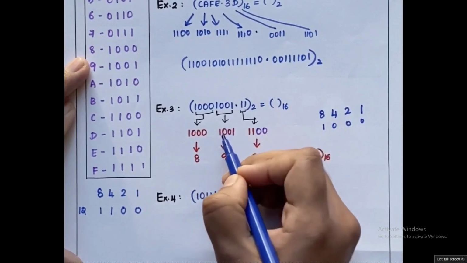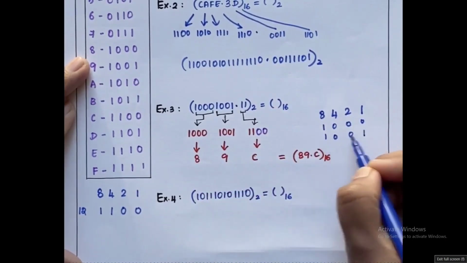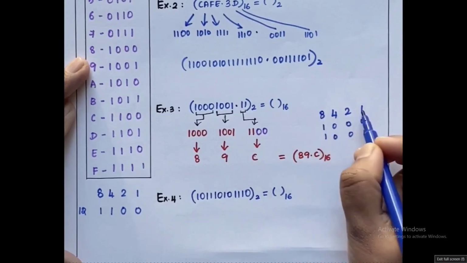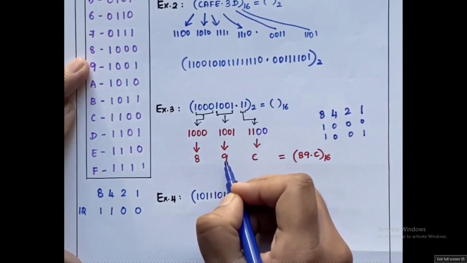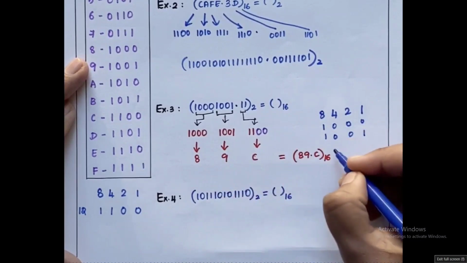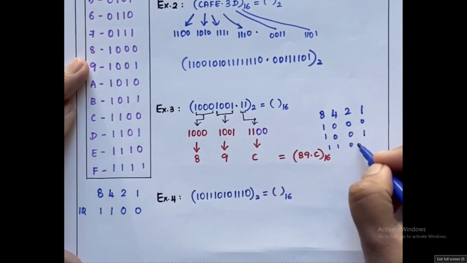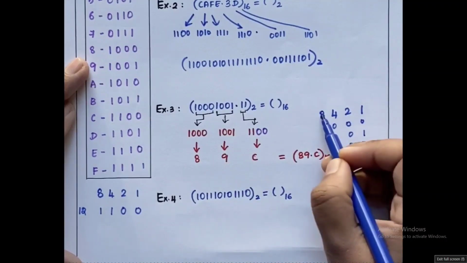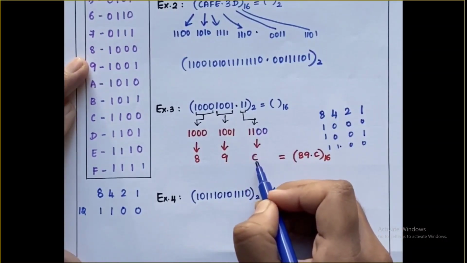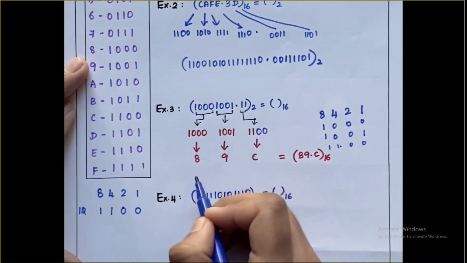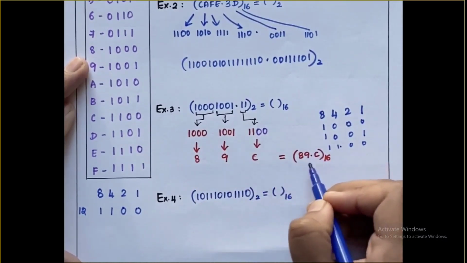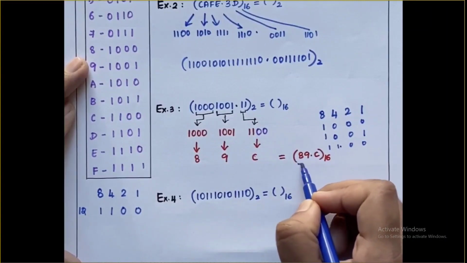Next for 1001, 8 plus 1 is 9, so we have the equivalent value 9. Next for 1100, under the 1s we have 8 and 4, so 8 plus 4 is 12, and 12 is represented by C. So for the given binary number, the equivalent hexadecimal is 89.C.